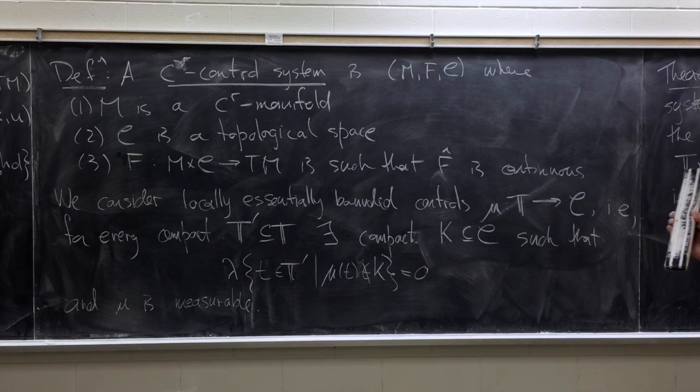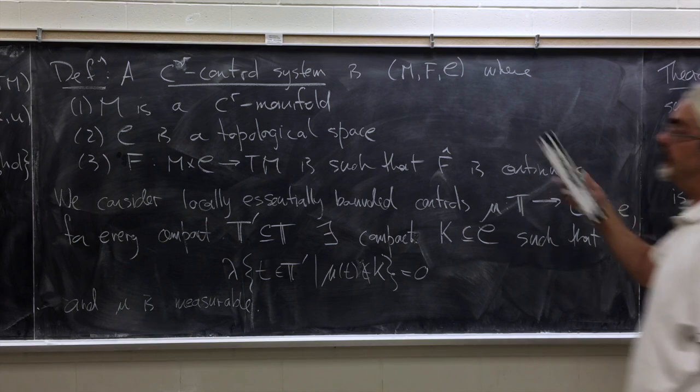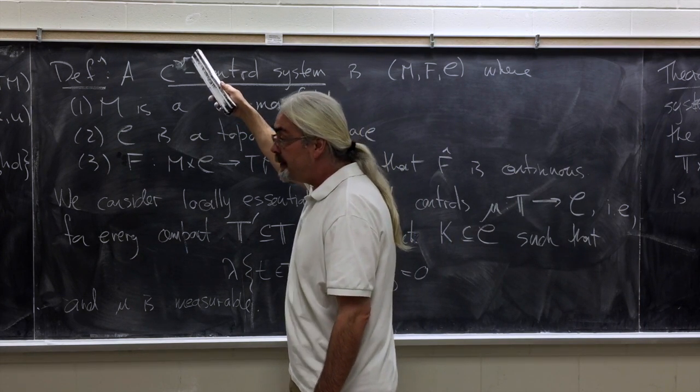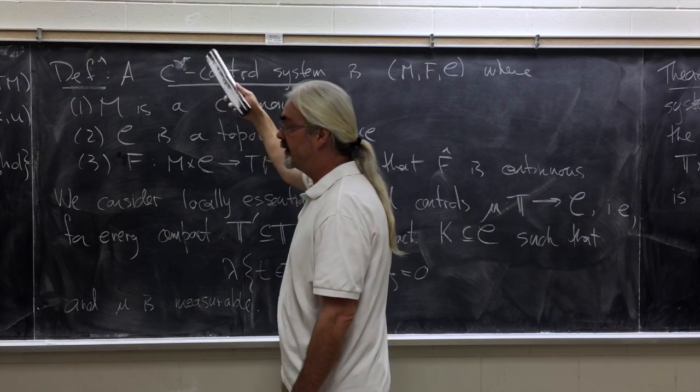And if you look at a lot of basic fundamental treatments of nonlinear control theory, what you'll see is that the class of systems that people are talking about is something like C1 or C-lip, or C1 plus lip, things like that.